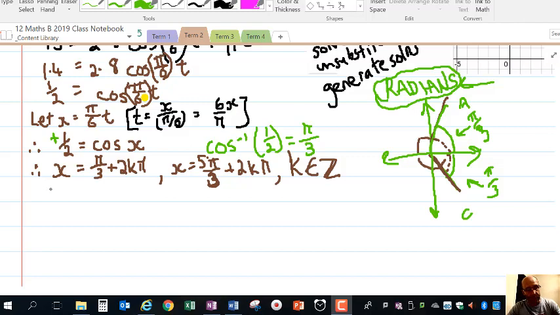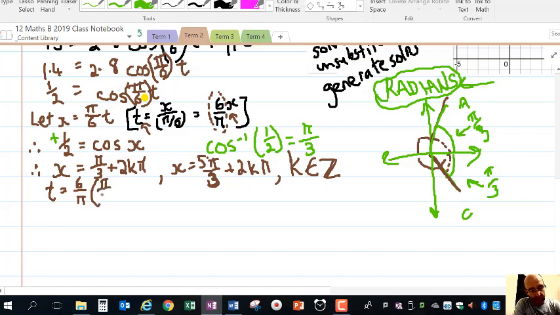So to get t, we've got to multiply the x by 6 over pi, which is just a real number. You could put it out the front if you like. We're just converting back, so you might need to take a bit of care with this step.